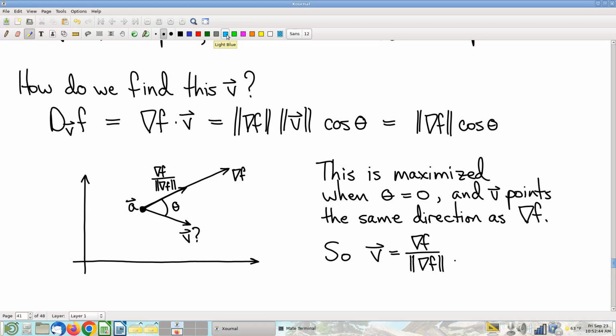The gradient vector. What happens to the gradient vector as I entertain different possible directions I might move? What happens as I'm at this point and I look that way, but then I look this way, then I look that way? I'm considering all these different directions. I haven't moved yet.